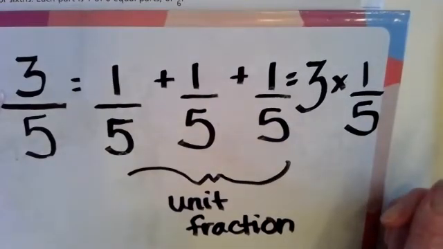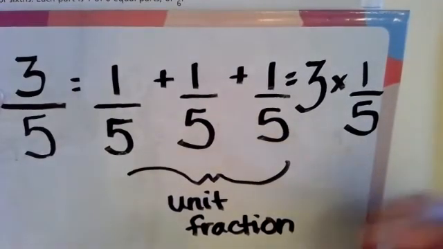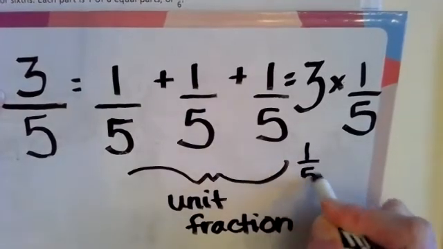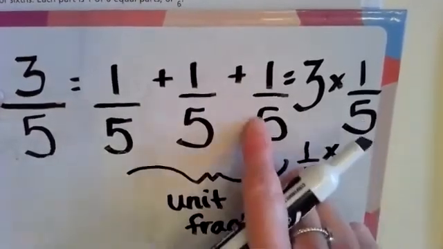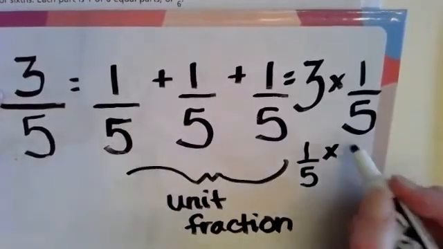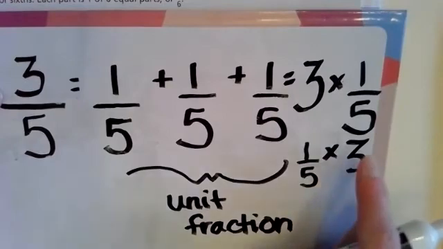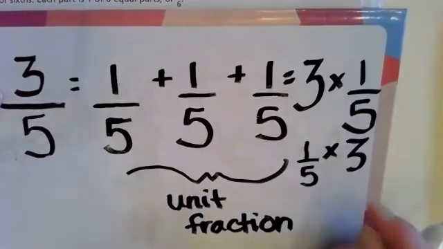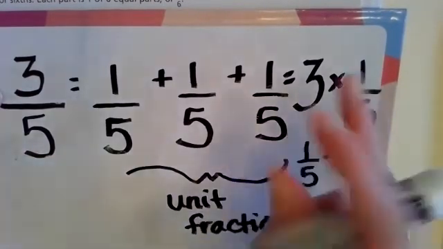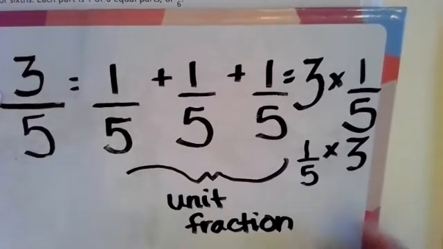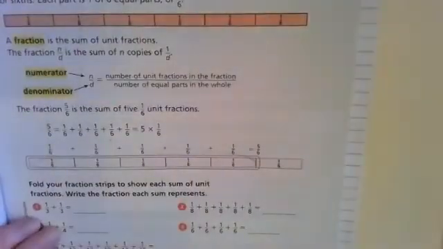There are a lot of you who probably will want to think about that the other way. I have 1/5. How many times? 1, 2, 3. I have 1/5 3 times. Remember, because of the commutative property of multiplication, you can write that either way. They mean the same thing.